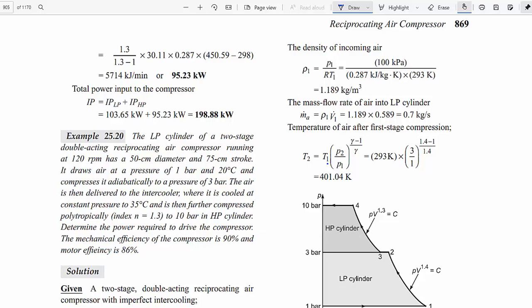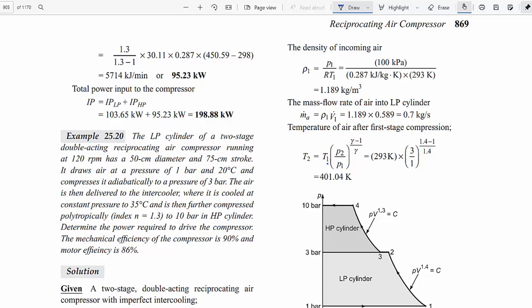But here they are telling that the LP cylinder is an adiabatic process and the HP cylinder is a polytropic process with n equal to 1.3. The final pressure from the high pressure cylinder is equal to 10 bar.